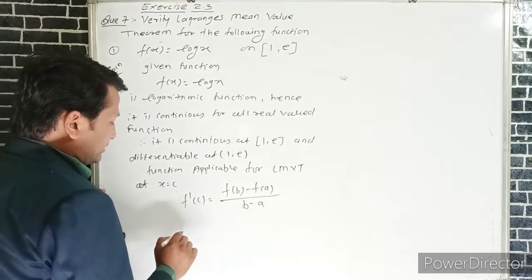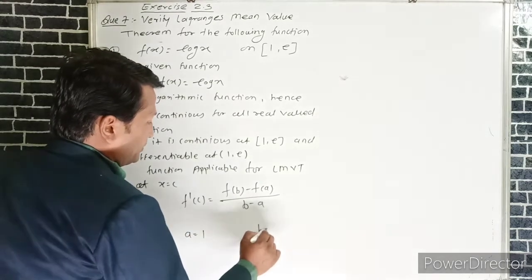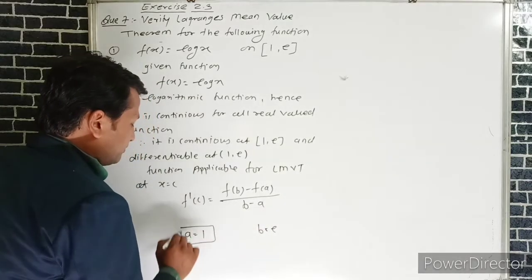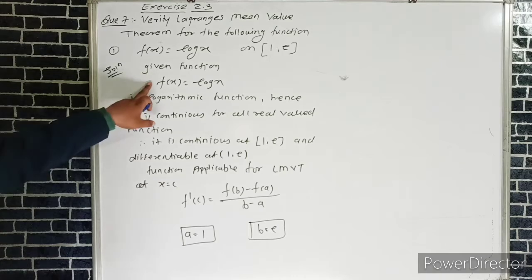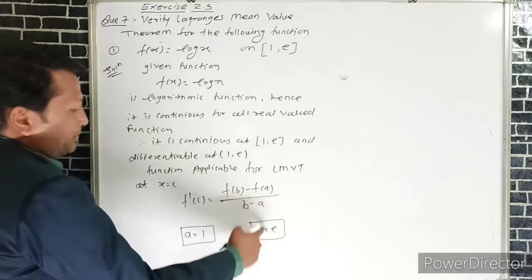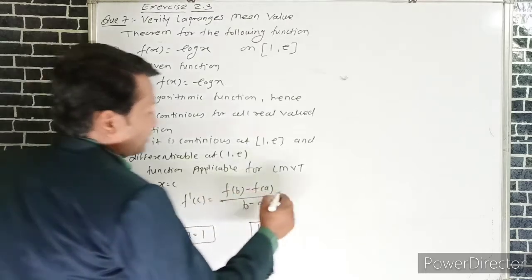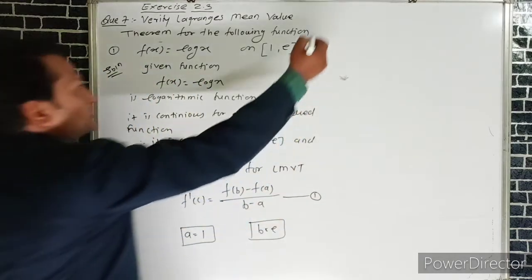We can say that here the value of a is 1 and the value of b is e. So by using these values and the function, we can find f'(x), f(b) and f(a). We call it equation number 1.